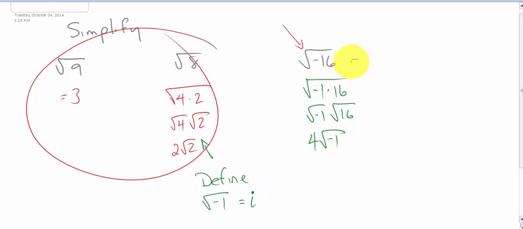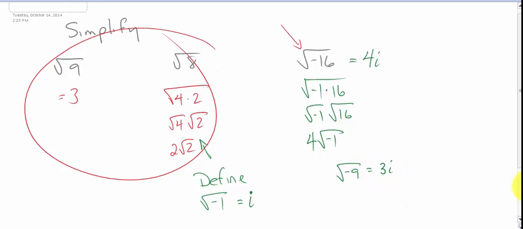So the square root of negative 16 is equal to 4i. The square root of negative 9 would be 3i. And the square root of negative 8 would be 2i square root of 2.